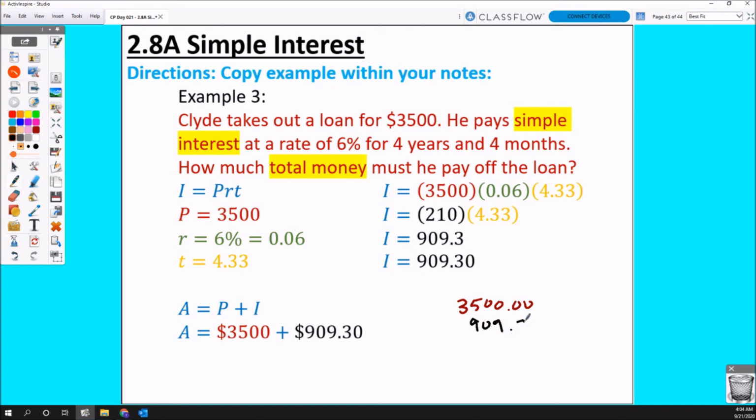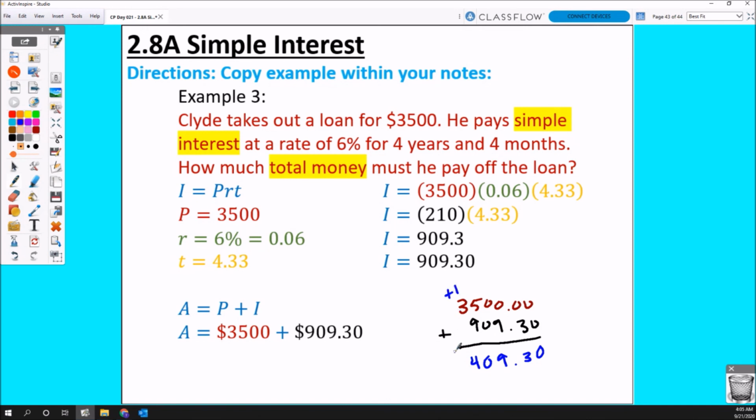$909.30. So when you're adding, you must line up your decimal correctly. So that way, you get the correct amount. So 0, 0, 0, 0 plus 3, 3, then the decimal, 0 plus 9, 9, 0, 0, 0. 5 plus 9 is 14, so I'm going to write the 4 from the 14 and then carry the 1.